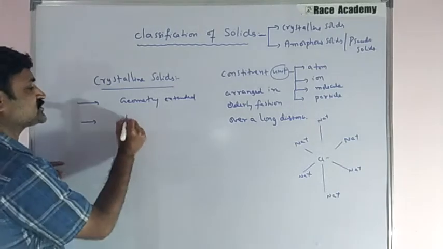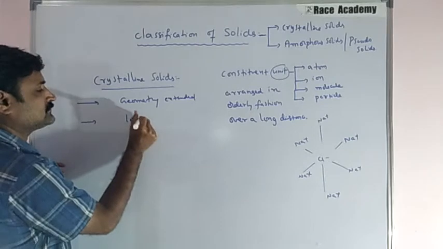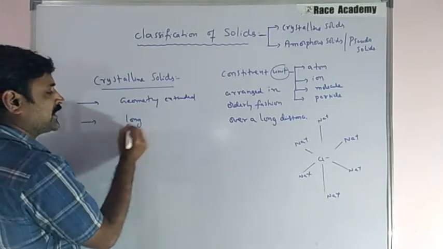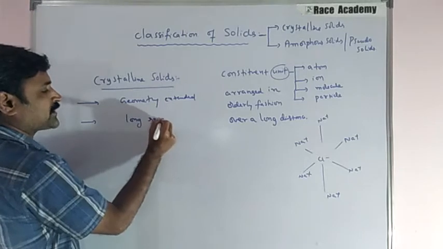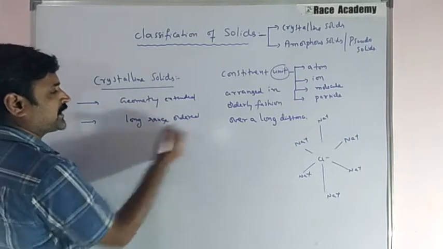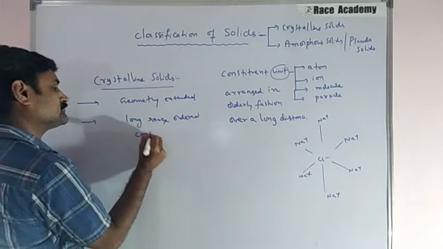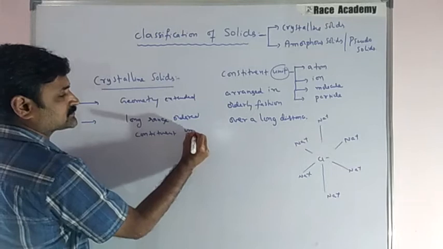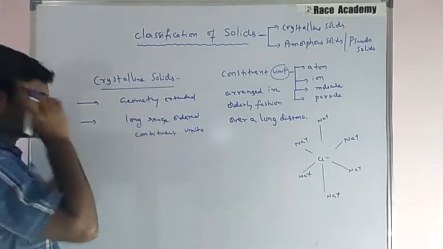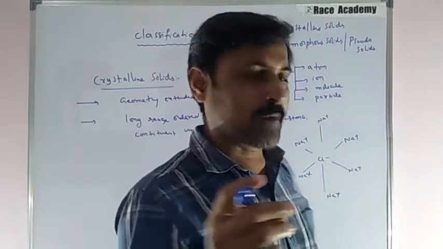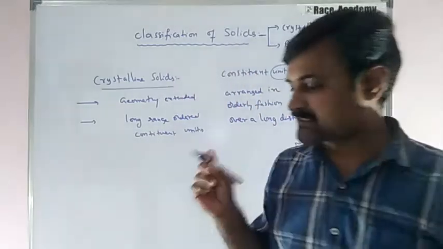That means crystalline solids have constituent units or particles arranged in a long range order. So this is the most important characteristic property of crystalline solids.